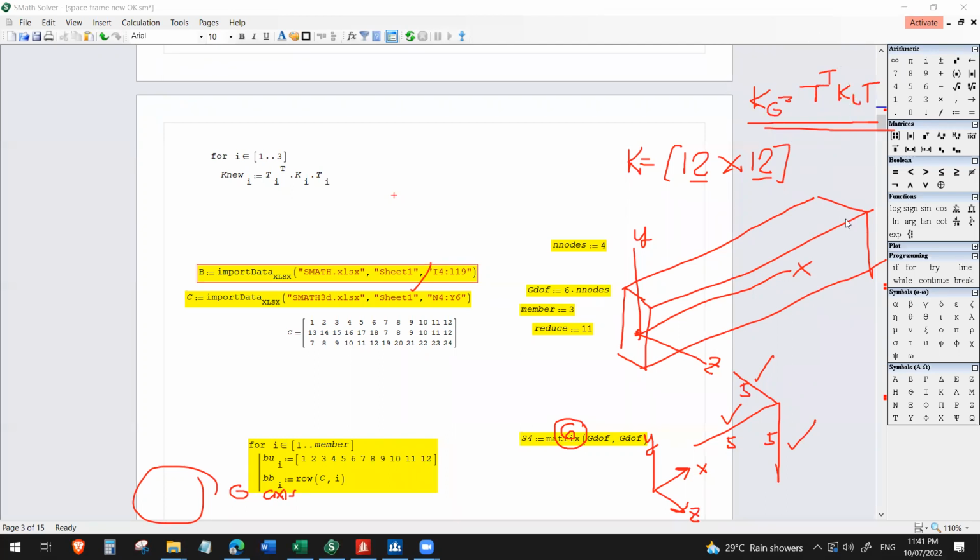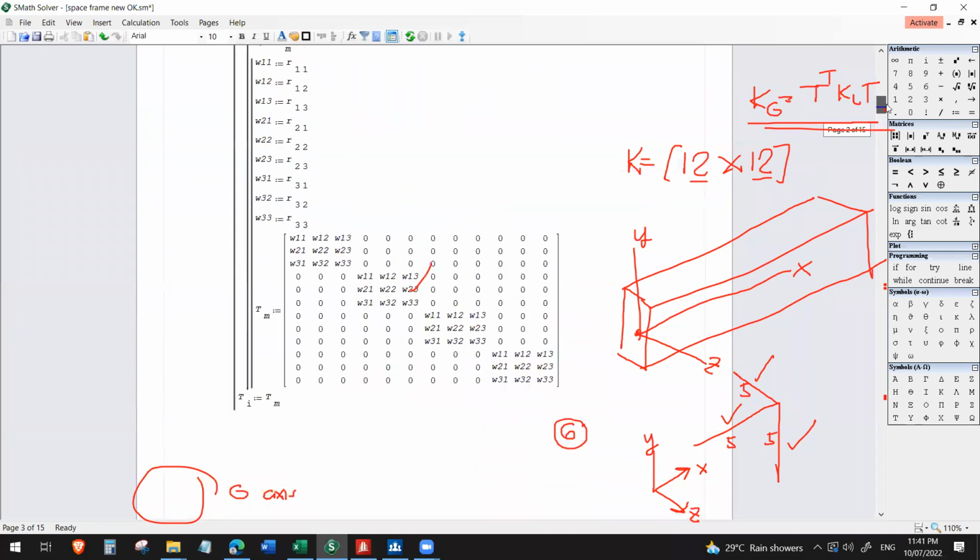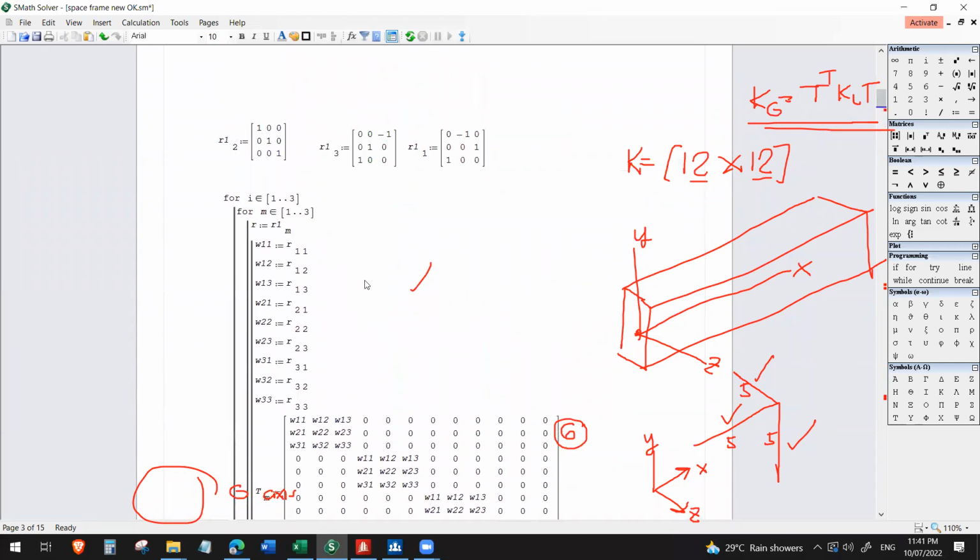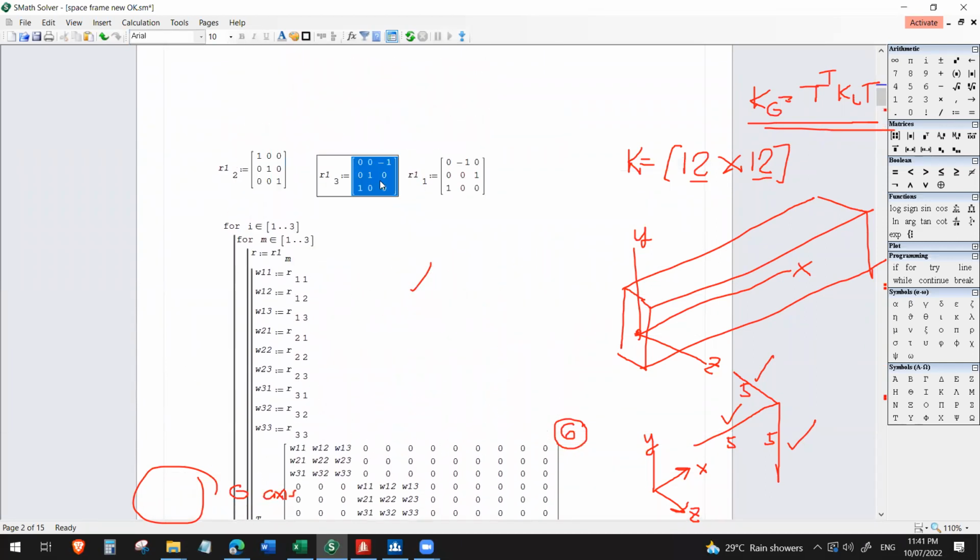So once we were able to get the global stiffness matrix, by the way, these are the rotational transformation matrices. As you noticed, this is member 1, this is member 2, then this is member 3.